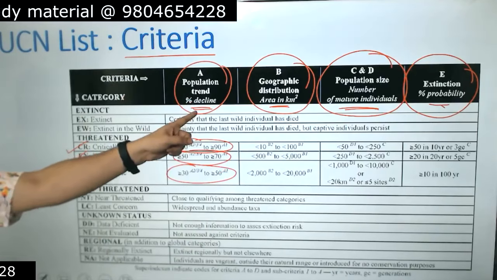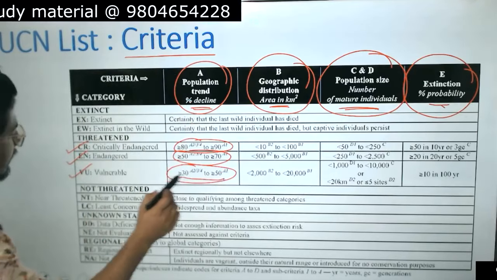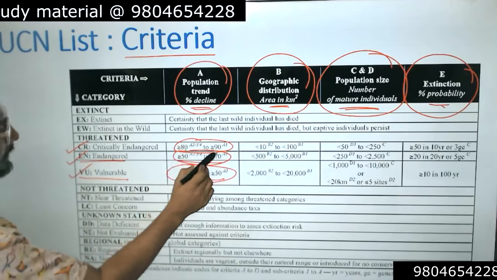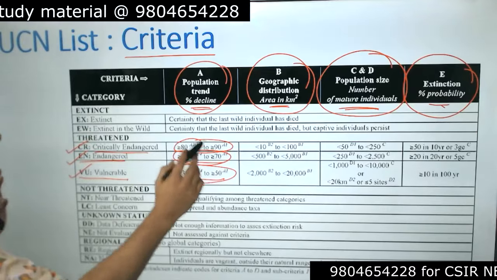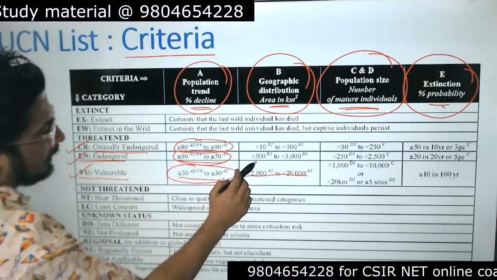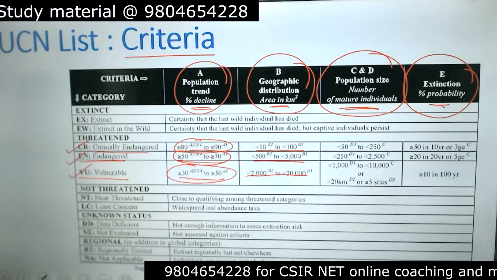For population decline, 30 to 50% is vulnerable, 50 to 70% endangered, 80 to 90% critically endangered. Geographical distribution: less than 2,000 to 20,000 is vulnerable, 500 to 5,000 endangered, 10 to 100 square kilometers critically endangered.